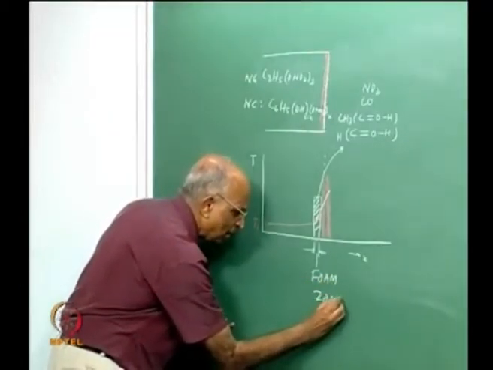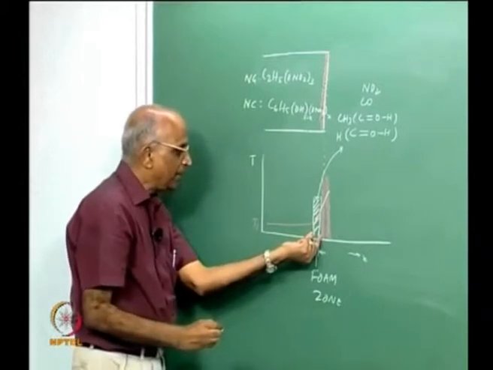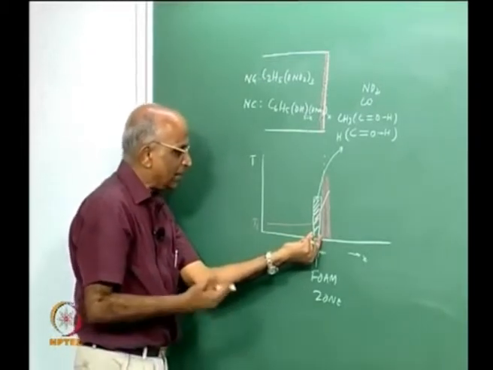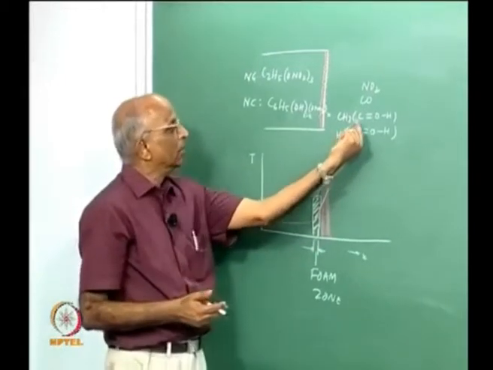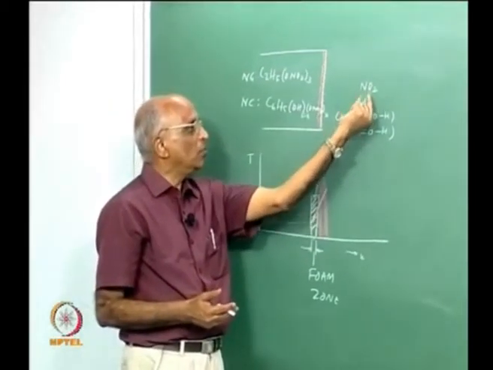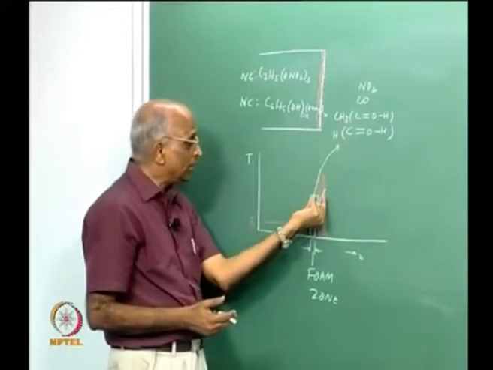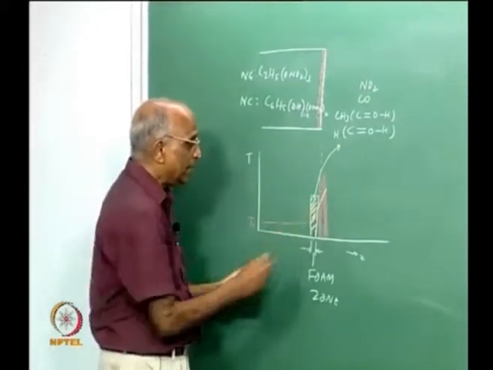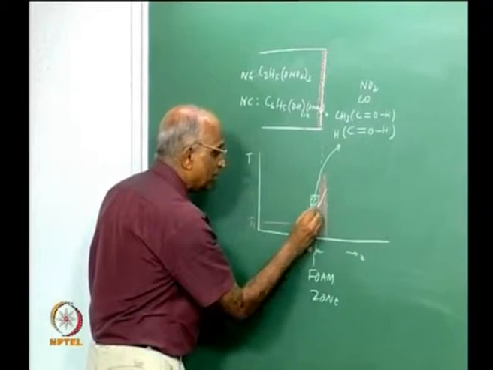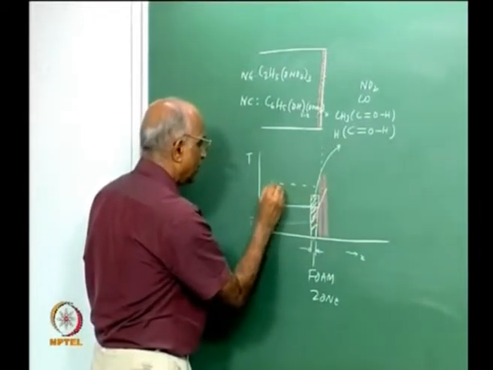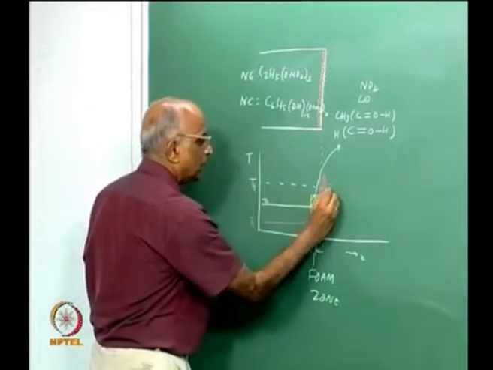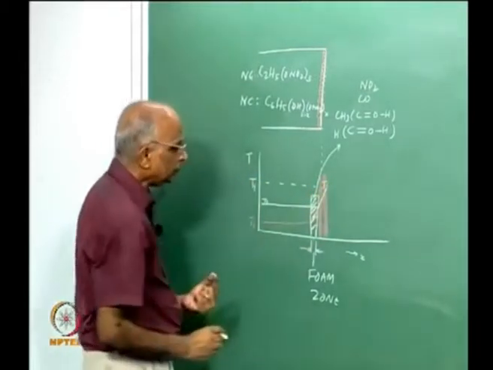That is the solid zone which is heated, and while it is getting heated it decomposes and generates these gases like aldehydes, maybe NO2, maybe NO, maybe CO. All these gases react and increase the temperature from the surface temperature Ts to a higher value of temperature which I call T1. This is the temperature T1.